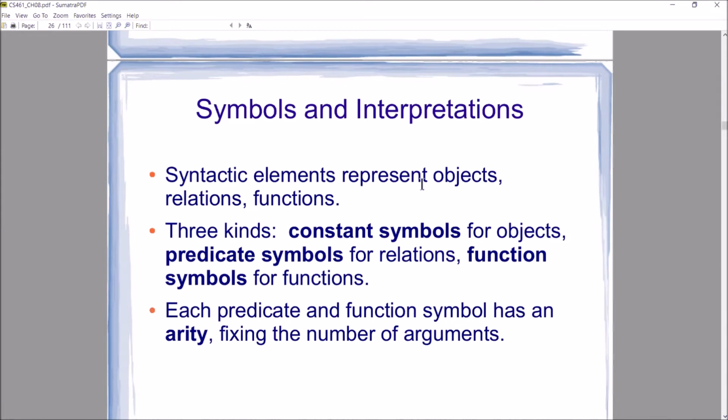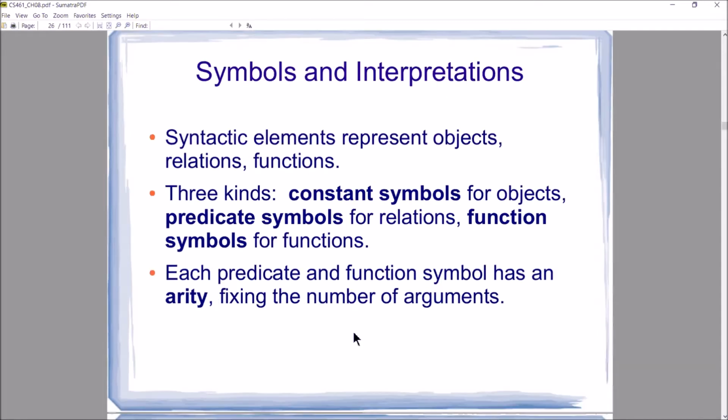So each predicate and function symbol is going to have an arity. And all that is just a term that refers to specifying how many arguments these things can have, right? So if you wrote your own C++ function that had 3 parameters, you could say that had an arity of 3. And as you go through the Prolog stuff, it's another term that's going to start coming up. You talk about different functions in Prolog, and they talk about what their arity is. And so you're going to see that term pop up quite a bit.